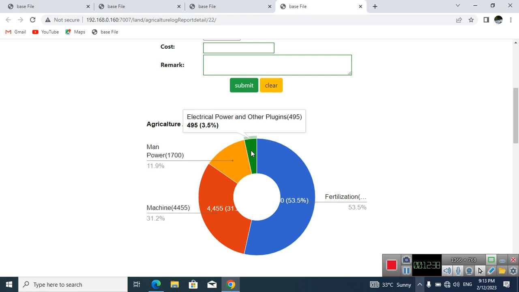495 rupees is for power consumption. For agriculture, during the period the crop is involved, we are paying the power distributors for power and other maintenance.